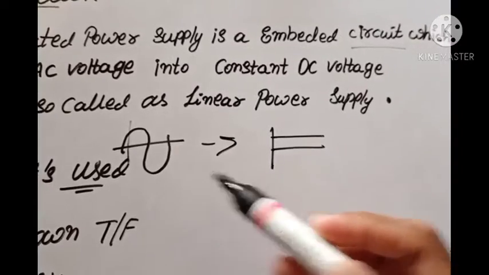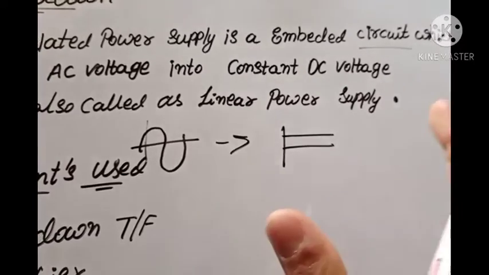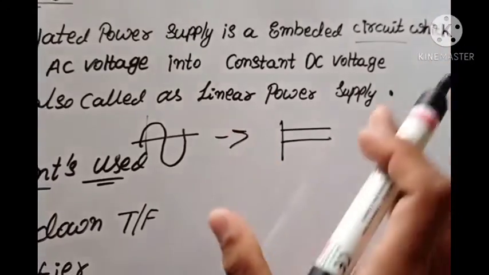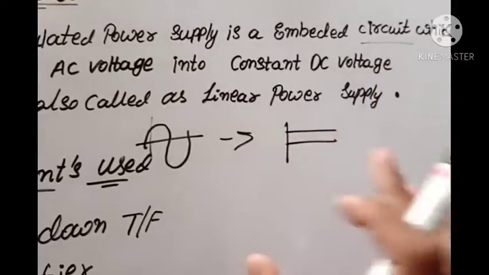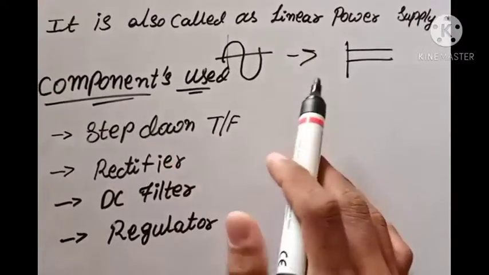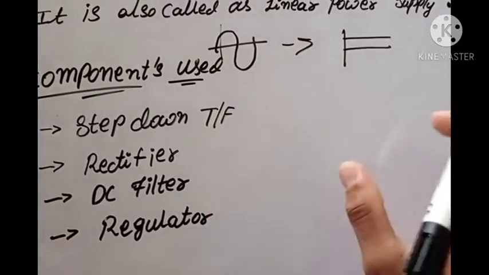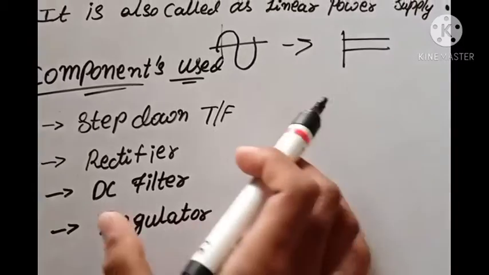For converting an AC voltage into a constant DC voltage, we are using some components in the circuit. Mainly four types of components we are using. First one is the step down transformer, second one is the rectifier, which rectifies an AC voltage into a pulsating DC voltage, and a DC filter circuit.